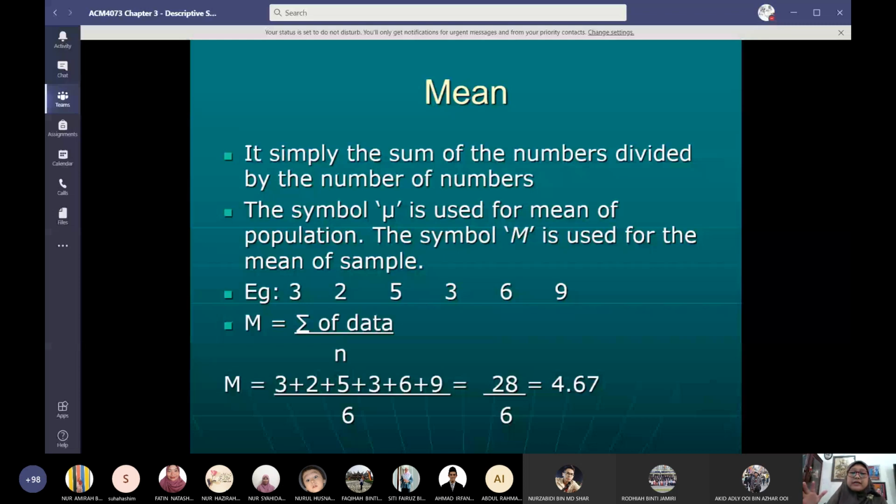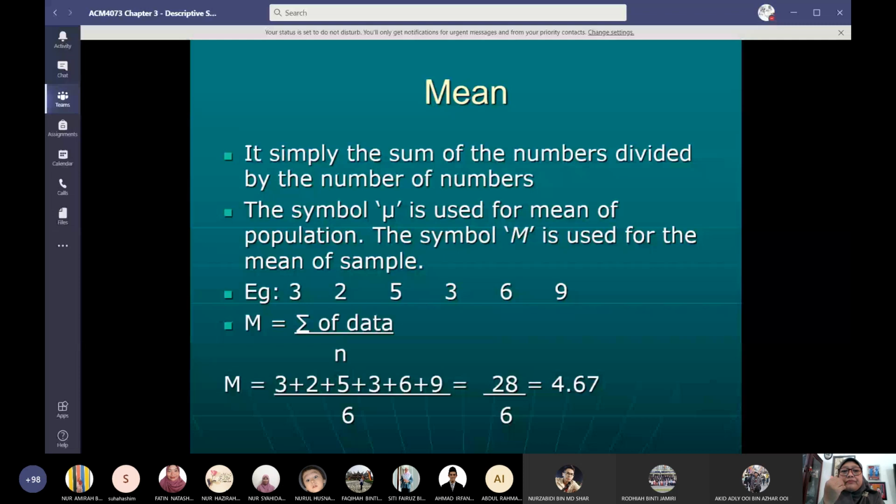Population is the bigger group, okay? Sample is the smaller group. So this μ is used for the mean of population, the big group. But the symbol M is used for the mean of sample. Okay? Sample, when you extract a certain group of people from the larger group, we use M.